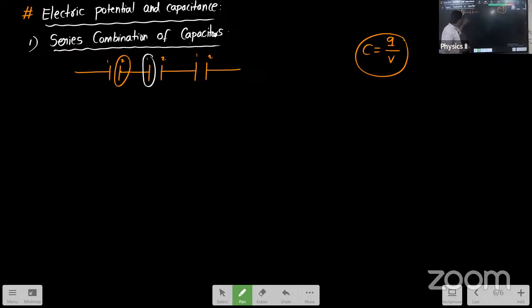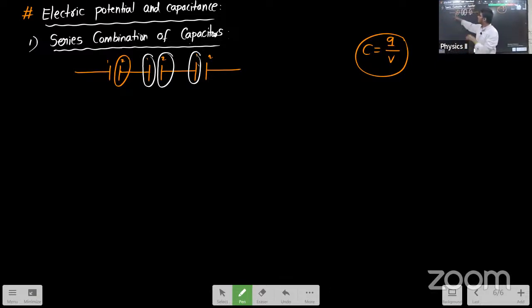Similarly, the second plate of the second capacitor is connected to the first plate of the third capacitor. Next, the second plate of the third capacitor will be connected to the first plate of the fourth capacitor. This type of arrangement is called series arrangement or series combination of capacitors.